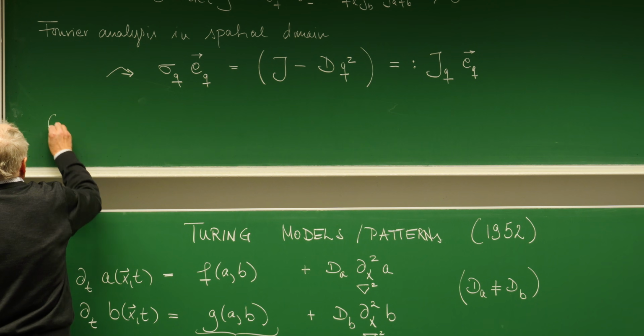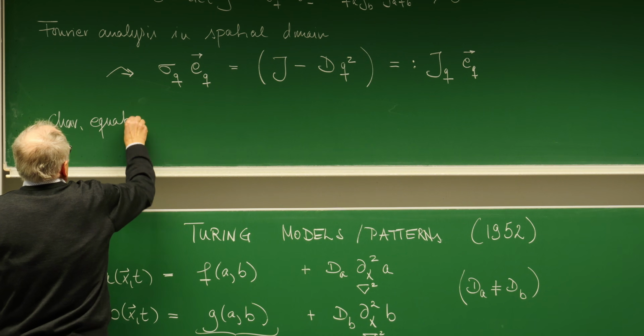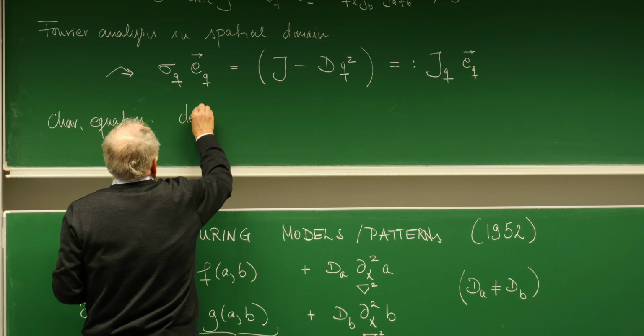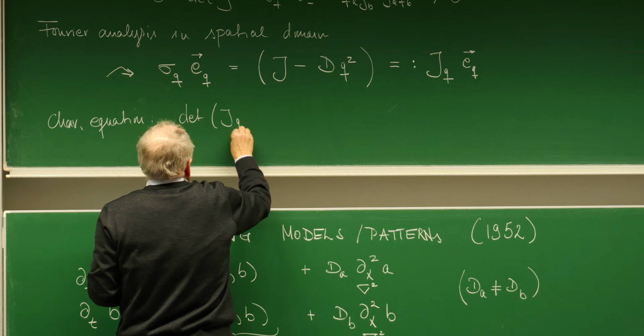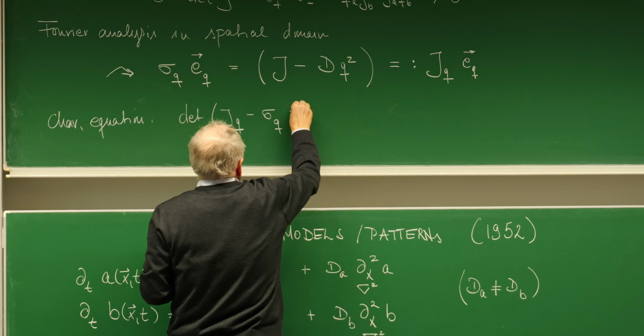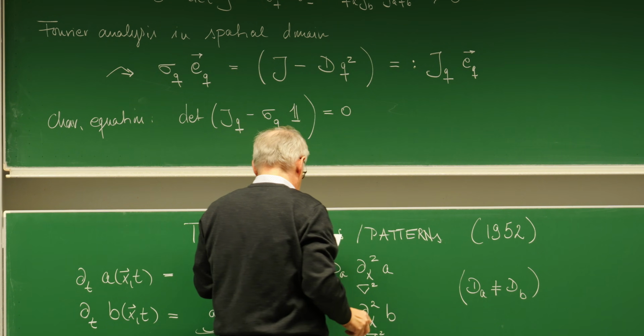So from that, you know the eigenvalues by solving the characteristic equation. So the determinant of Jq minus sigma q times the unit matrix has to be 0.